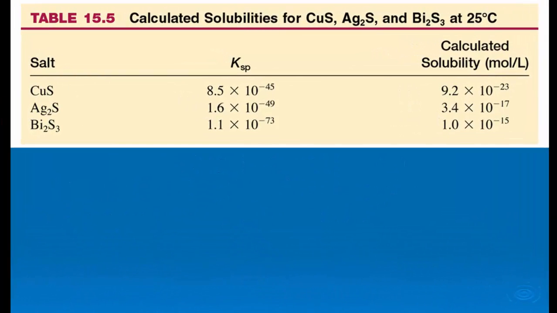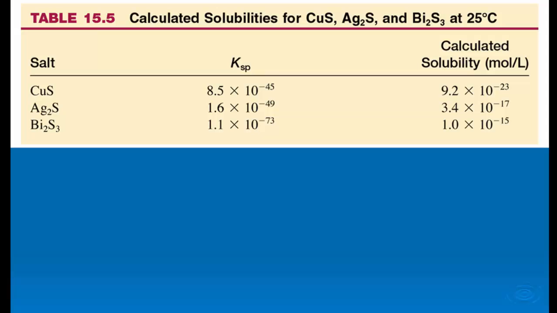Here's an example. We've got copper 2 sulfide, CuS, that splits into 2 ions. Silver sulfide, Ag2S, splits into 3 ions, and bismuth sulfide, Bi2S3, splits into 5 ions. Look at their KSPs. If you just looked at the middle column, the one with the smallest KSP, Bi2S3, should be the least soluble if we were just comparing KSPs.